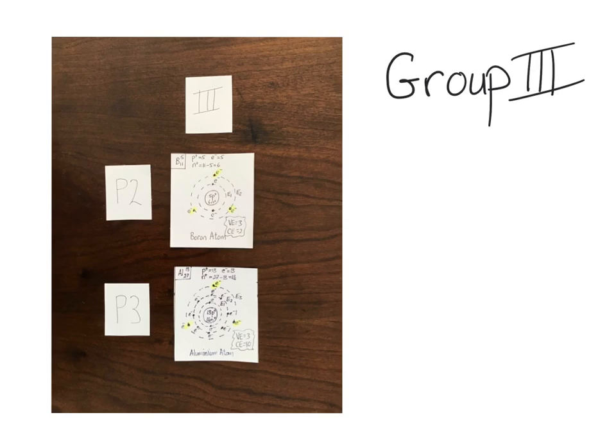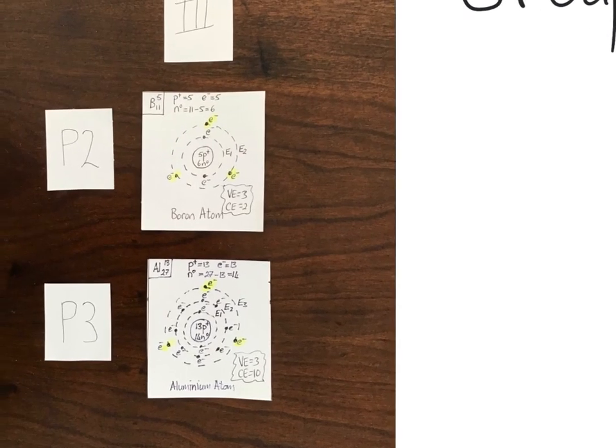We don't give group 3 a specific name, but all the atoms in group 3 have, yes, you guessed it, 3 electrons, as you should have been able to pick up when you drew your cards for each of the atoms in the first 20 elements. So we can see 3 and 3.